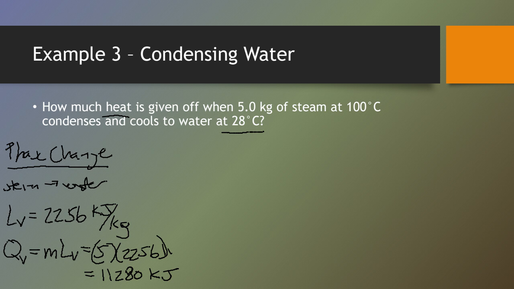Now, as water, it's still only at 100 degrees. We need it to cool to 28. And so, to find that heat, we're going to use the formula that we used last week, mc times delta T. Okay, so the mass in this case is still 5 kilograms.